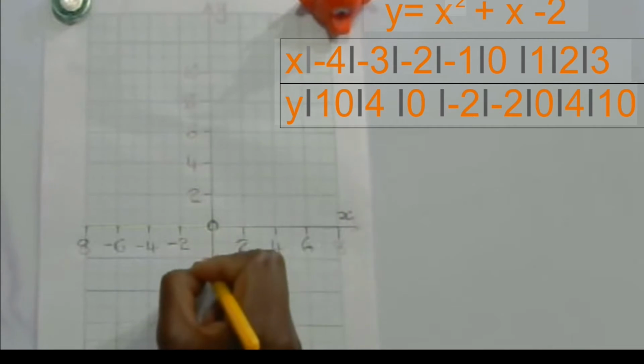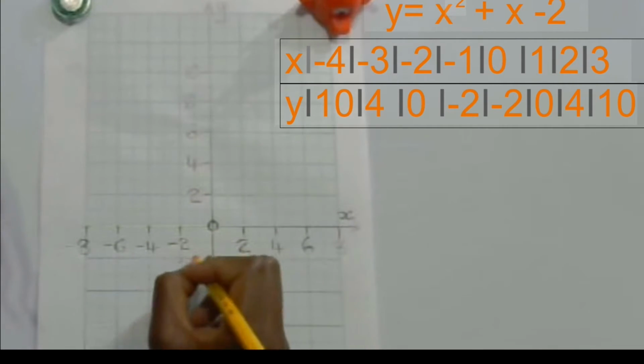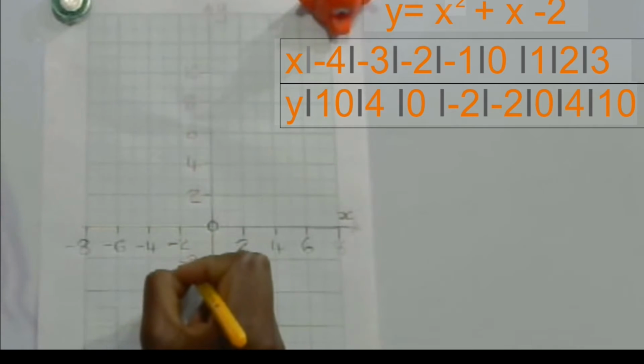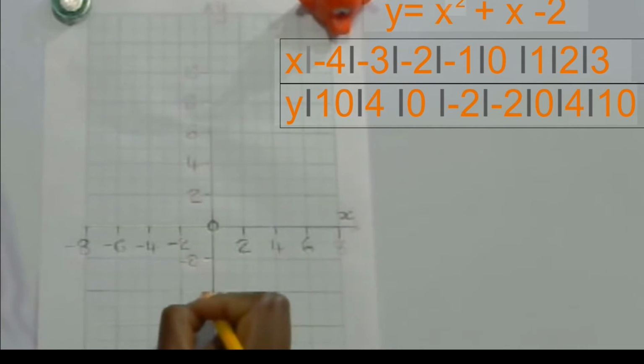Down here we've got negative 2, negative 4.